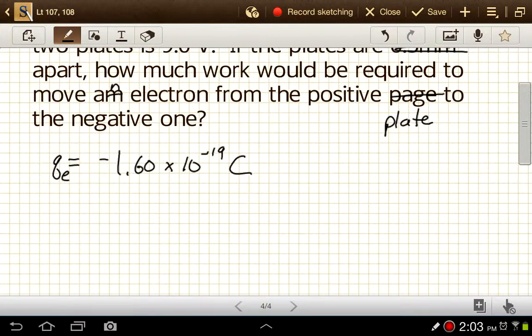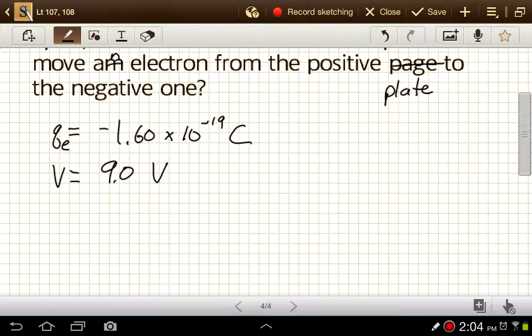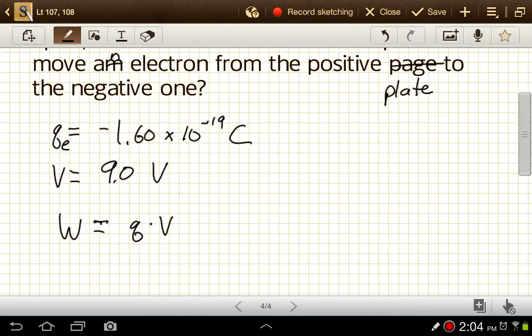And we know our voltage, or our potential difference, is 9.0 volts. So the work is going to be equal to just Q times V, which is 1.60 times 10 to the negative 19th coulombs times 9.0 volts. Remember, volts is just short for joules per coulomb. So that'll be a good way to write that.